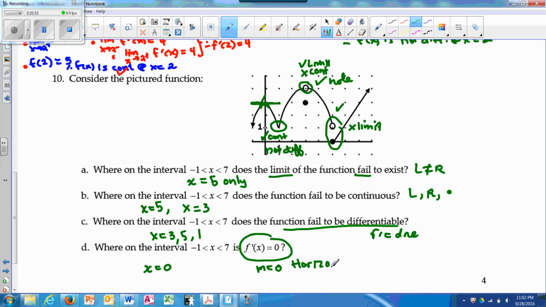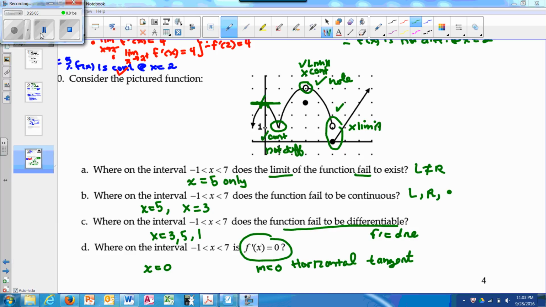So x equals 1 is also going to be added to our list because we have continuity, but the slope on the left doesn't match the slope on the right. So yes, continuous, but not differentiable. We have no continuity here because we have a hole, but we do have a limit. Here we have no limit, so automatically no continuity and no differentiability.